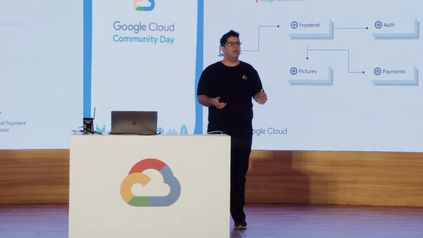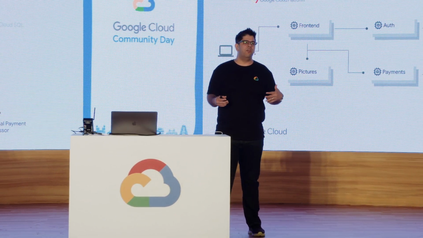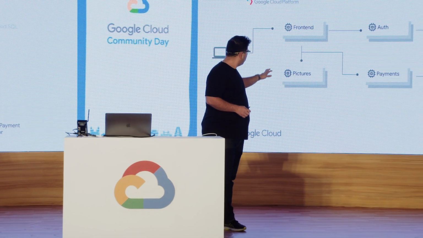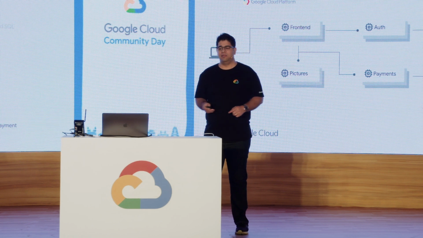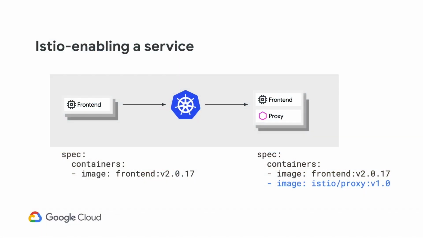Typically, though, we don't have a nice way to enforce security policies to say, hey, there's no way that pictures should ever talk to auth. Well, Istio can enable things like that. The way we enable Istio on a service, we're working in the Kubernetes world here, so we've deployed this front-end image. It's part of our pod.